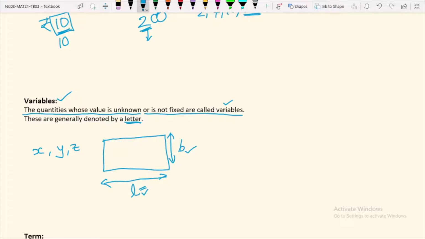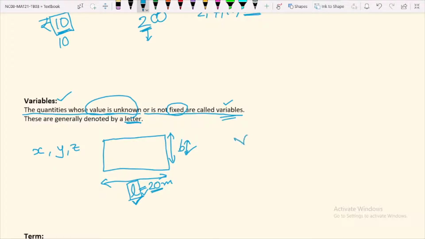If we know the length as 20 meters, then 20 is a constant, but the dimension L is a variable because it can change its value. We can increase its length, or decrease or increase its breadth.